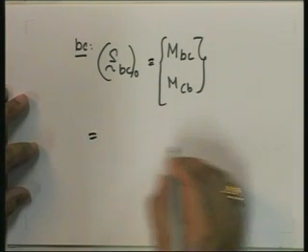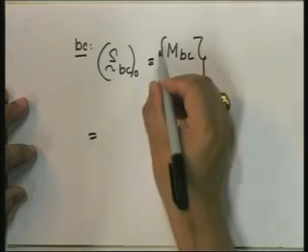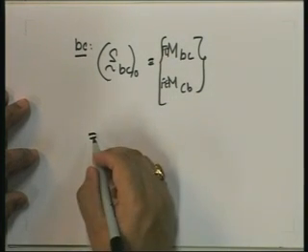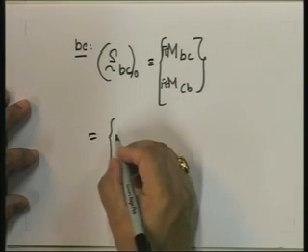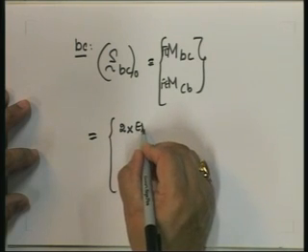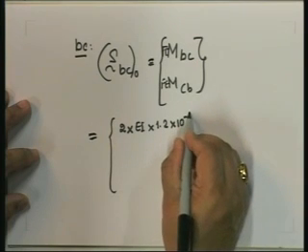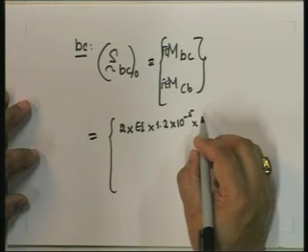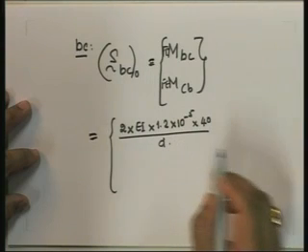If we plug that in, these fixed end moments are equal to 2 into EI into 1.2 into 10 to the power of minus 5 into delta bottom minus delta top, which is 40, divided by d.